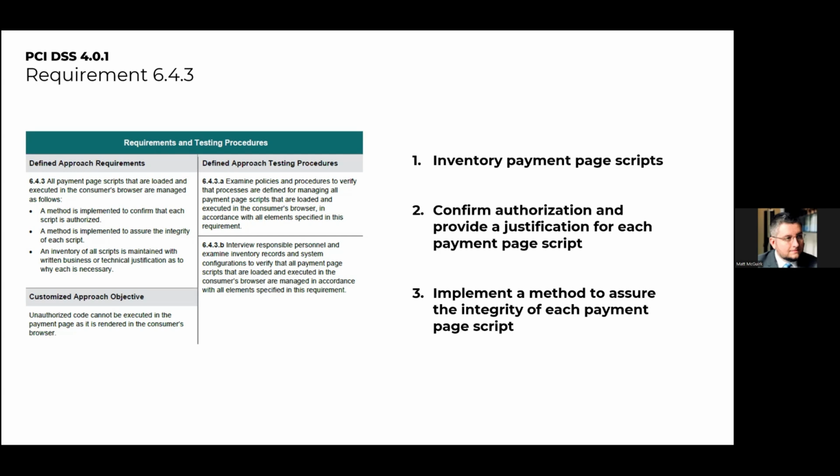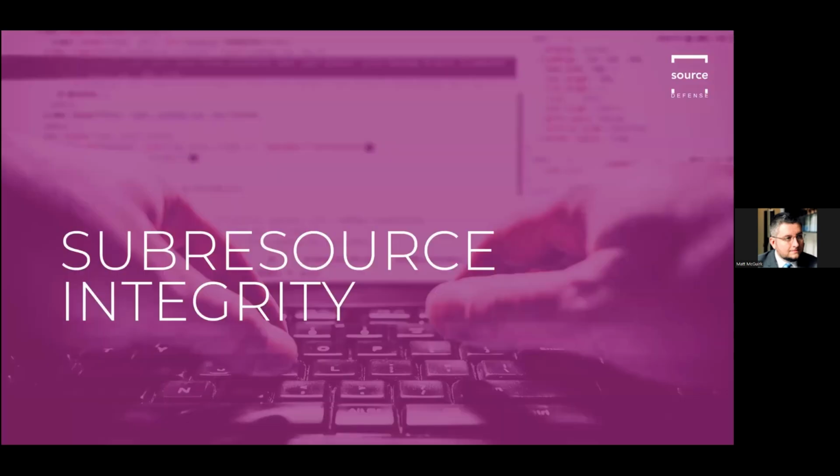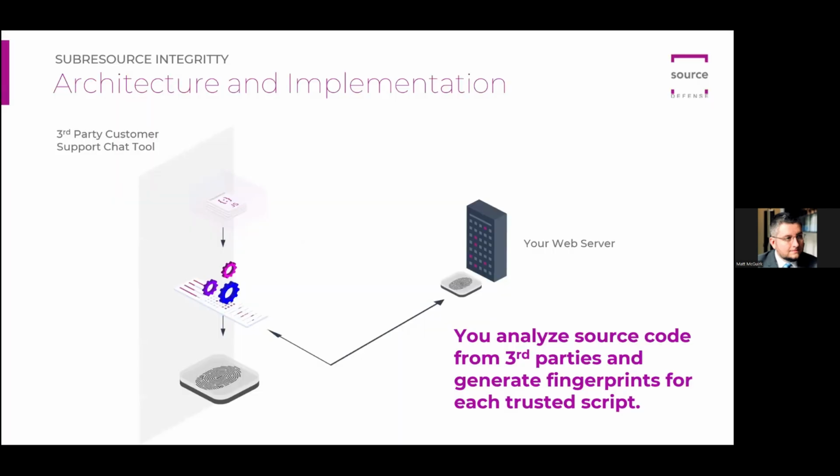It can't change without you knowing about it, and a few other things. So this integrity has another specific technical definition that is not the same as sub-resource integrity, just to disabuse anyone of that notion. You don't have to do this in order to satisfy 6.4.3, but if you choose to do it, this is how it works.